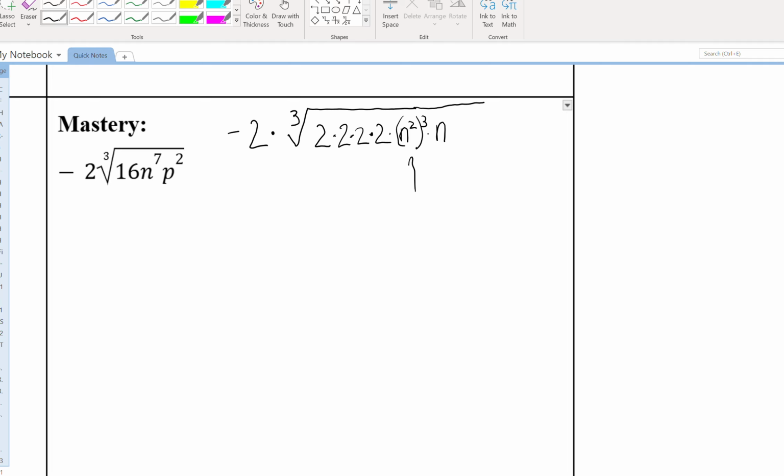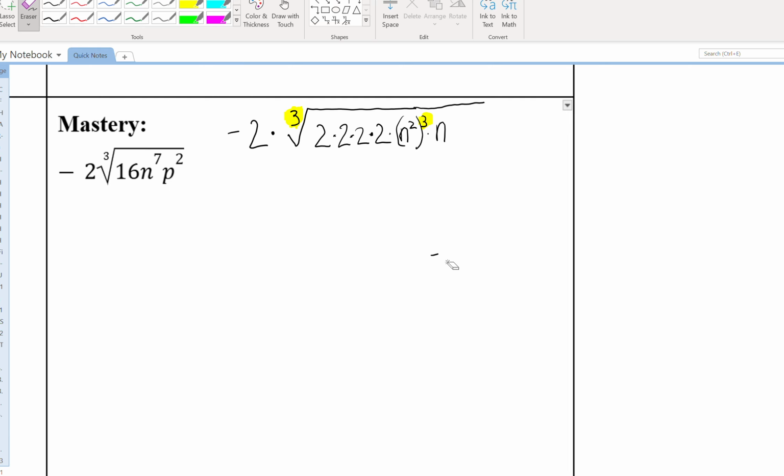Because this right here is equal to n to the 6th power times this n, which is equal to n to the 7th. But once again, this cube root is going to cancel this cube, and it's going to leave us with just n squared.